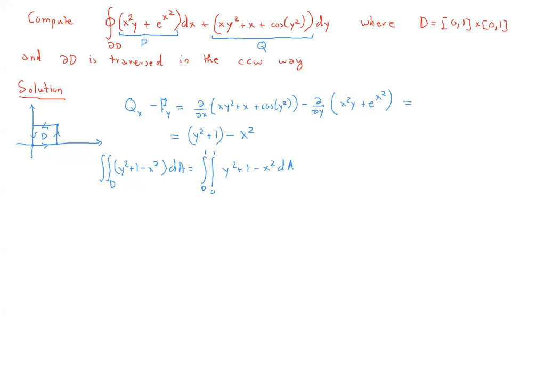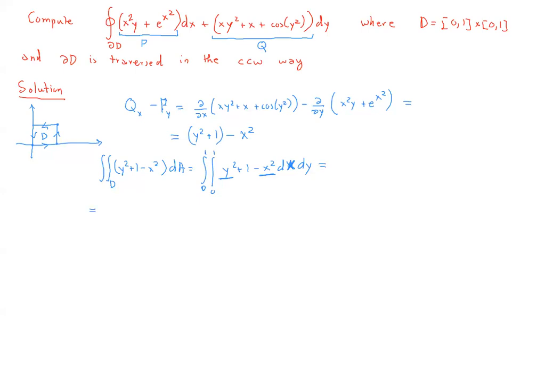I mean, you can actually tell right away that the integral of y squared is going to be equal to the integral of x squared. The letters do not matter. They're pretty much the same function with variables reversed in a symmetric domain, which is the same in x as it is in y. Those two will cancel out and you will only have the integral of the function 1, which will give you 1. But, let's do the computation.